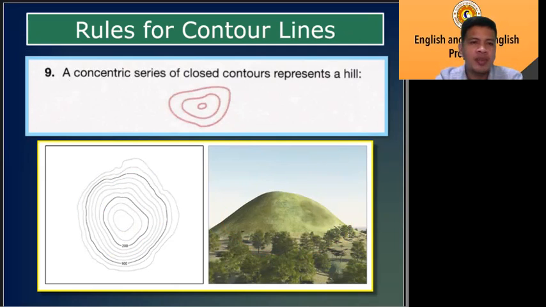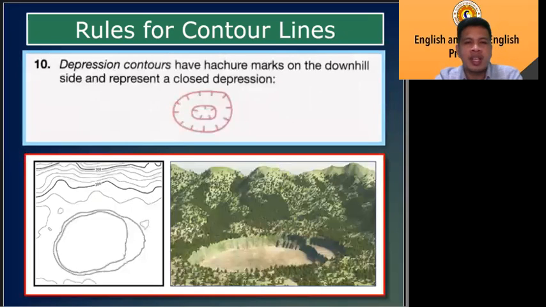Next, number 10, depression. Depression contours have hachure marks on the downhill side and represent a closed depression. If you see a circle like this one but with marks inside, it looks like a depression or a sinkhole.